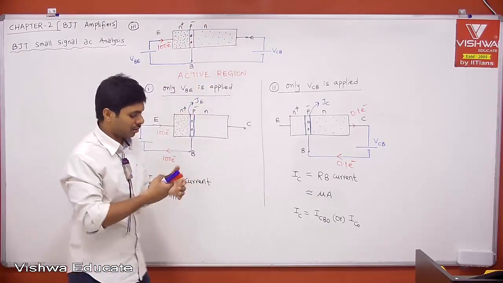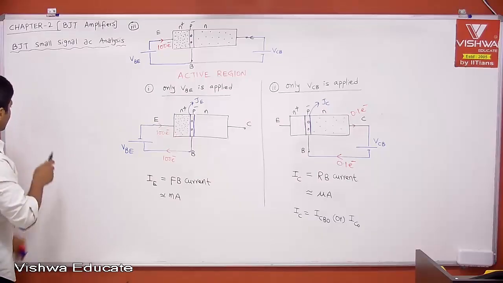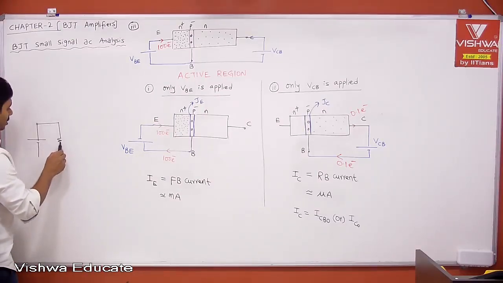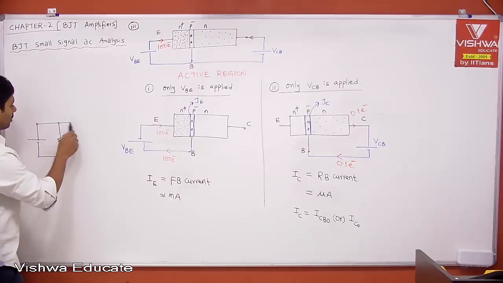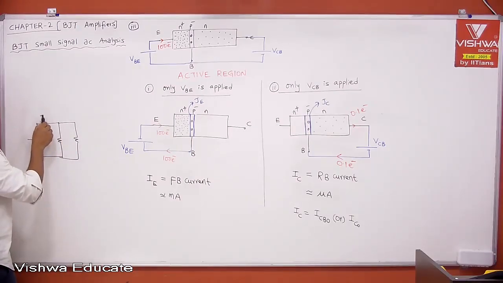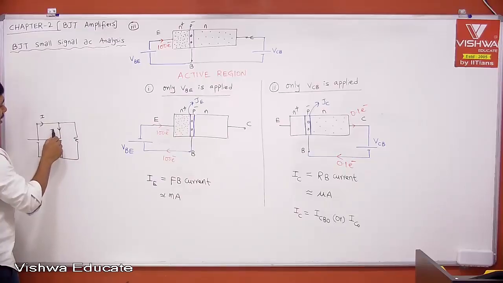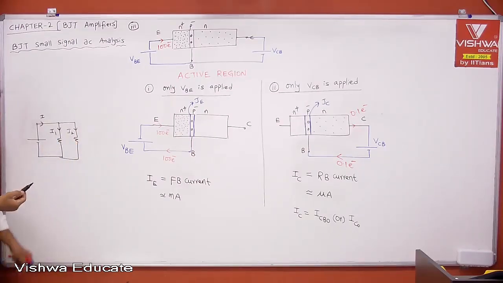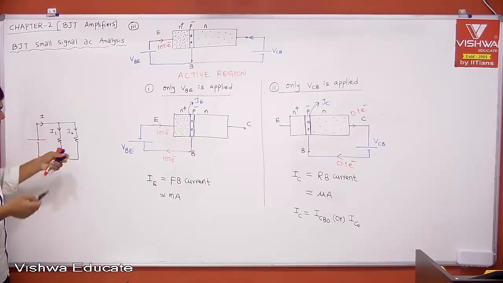It has two paths. Let us say there is a battery having one branch, or we may have two branches. Then whatever current I you are getting will be equal to I1 plus I2. This current is equal to this current plus this current.